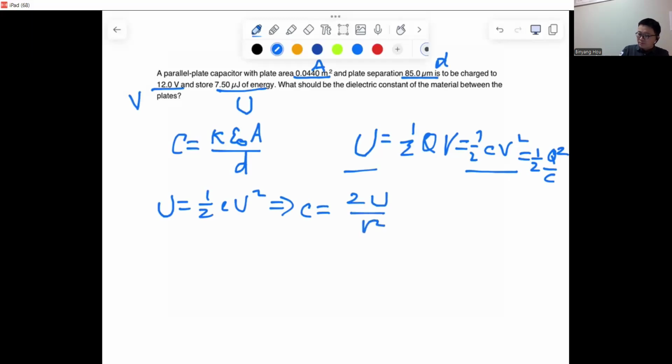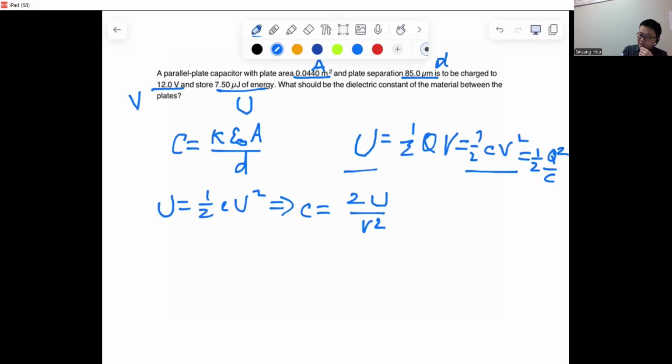A little bit of algebra there, just move things around and then you can find out. Also C is equal to that, so you can calculate that first and then put it back there. That's no problem, but it's just my personal preference.